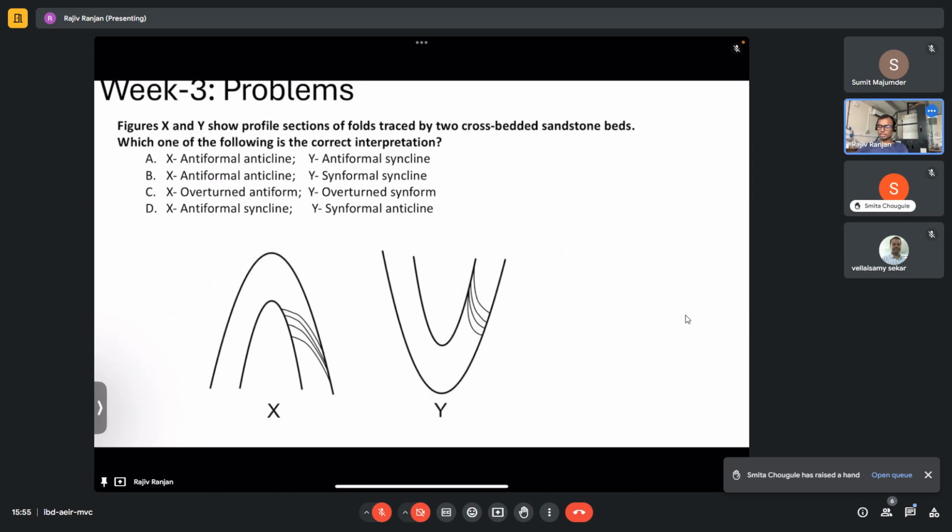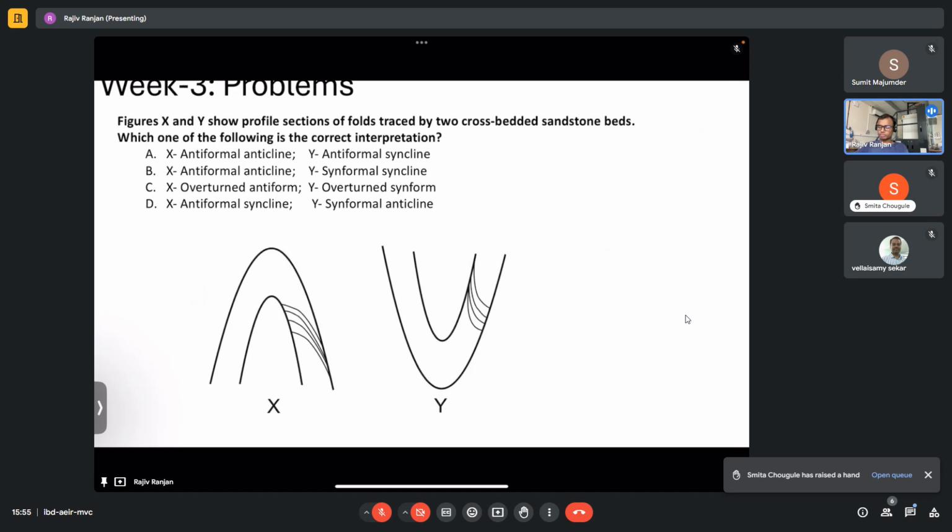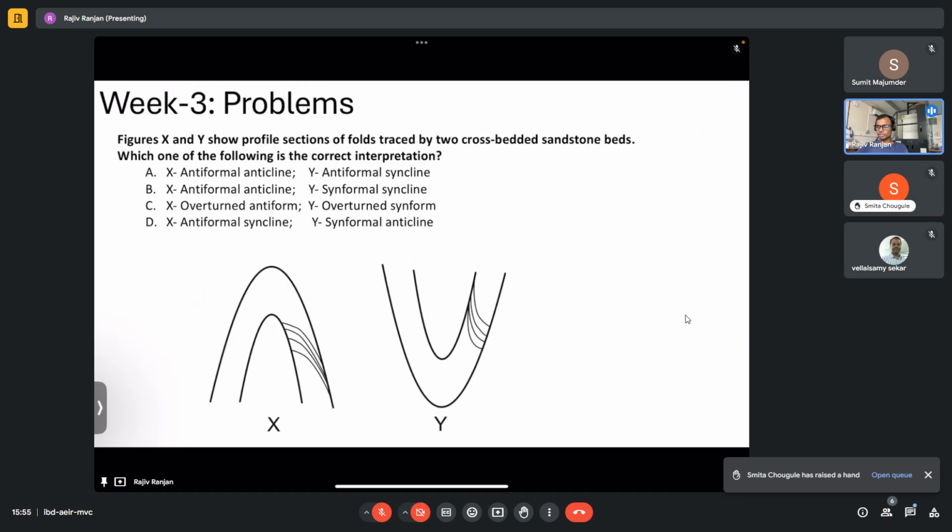So figures X and Y are profile sections of folds traced by two cross-bedded sandstone beds. Which of the following is the correct interpretation? I have just explained. So now you have to use these cross beds to interpret this. Just think a little bit and then try to answer.